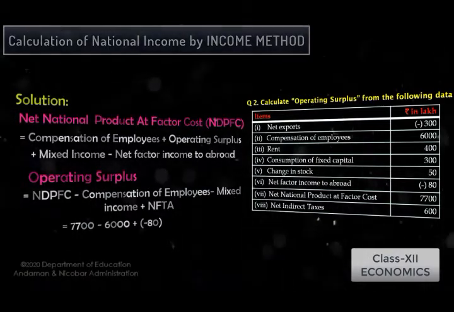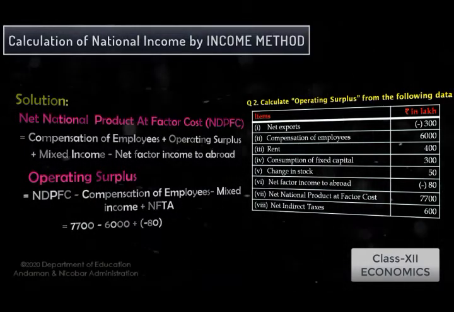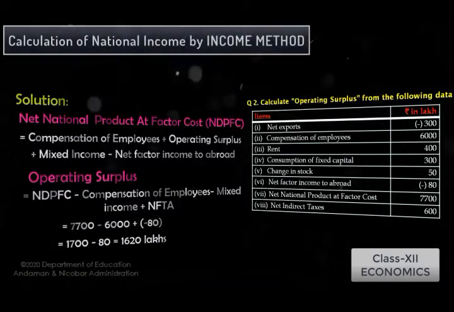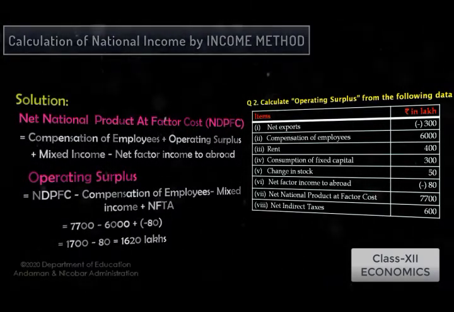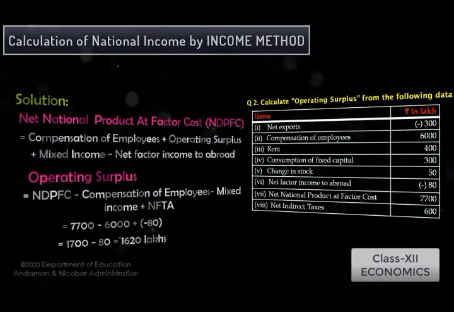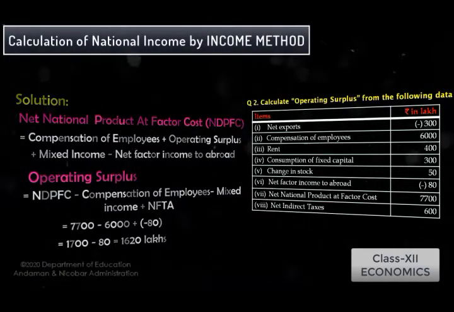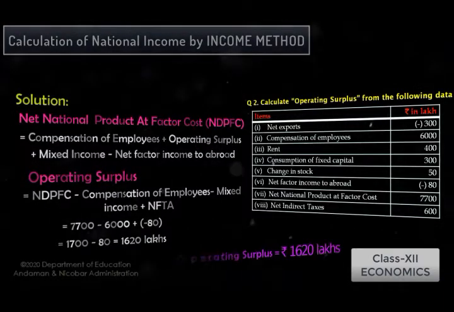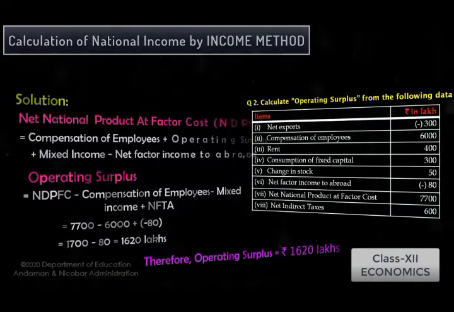Now we get the value as 1700 minus 80. So here plus and minus 80 will become minus 80. Then at last we get the value of operating surplus as rupees 1620 lakh.